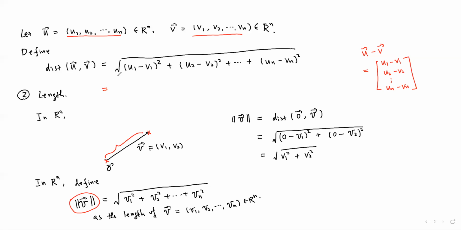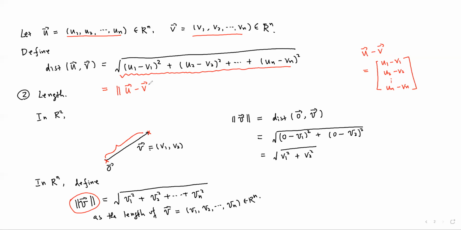So take a look. This sum, then take the square root. Actually, this is the length of this vector. U minus V is a vector.